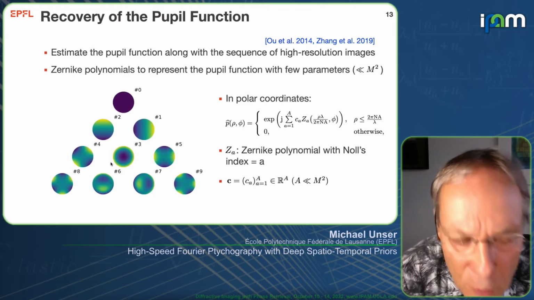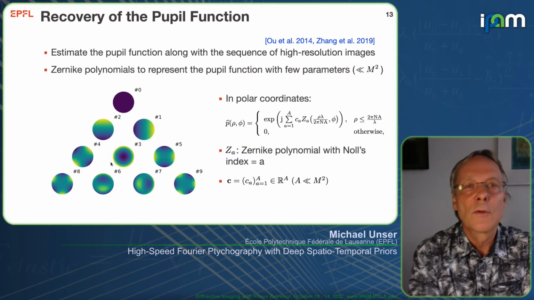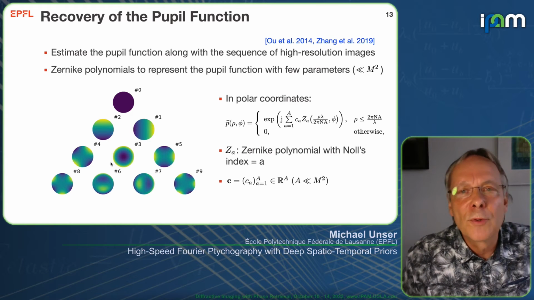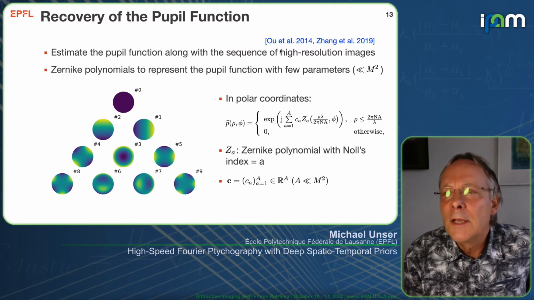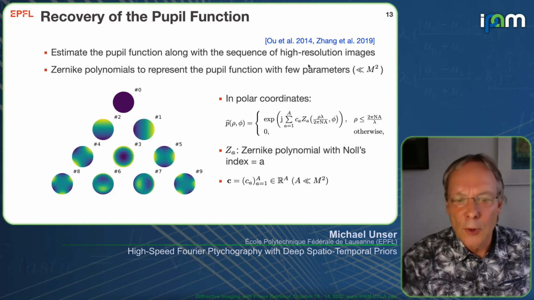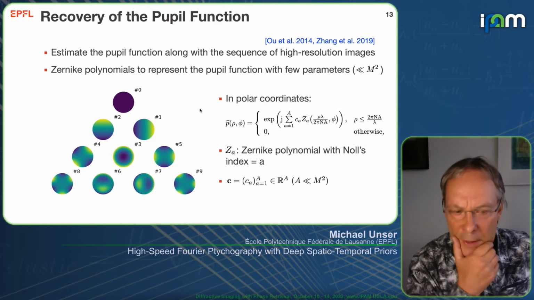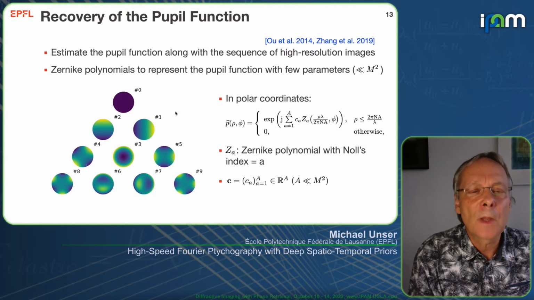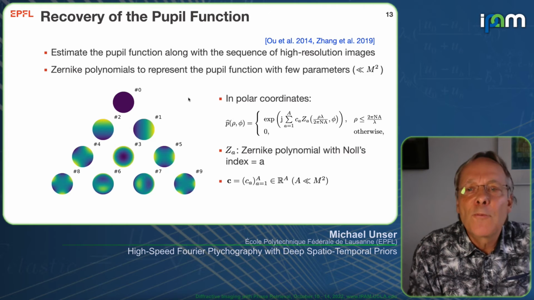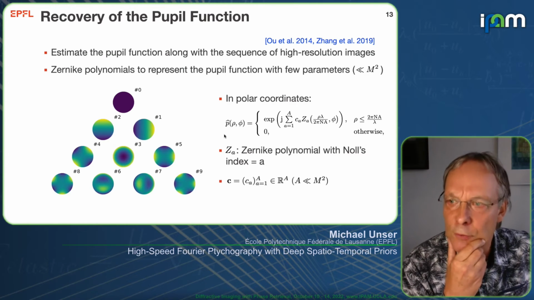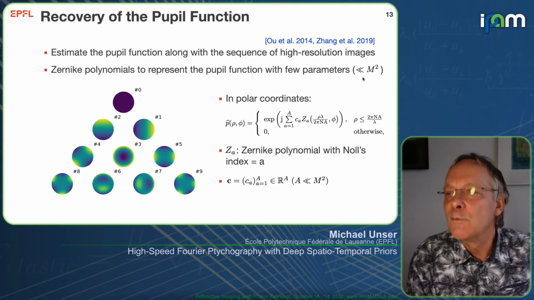Now, I told you that in principle, the scheme allows us to auto-calibrate and to recover the pupil function. Here again, we're using a scheme inspired by prior work, including work in Laura Waller's group. The pupil function we represent with Zernike polynomials, and usually relatively few.